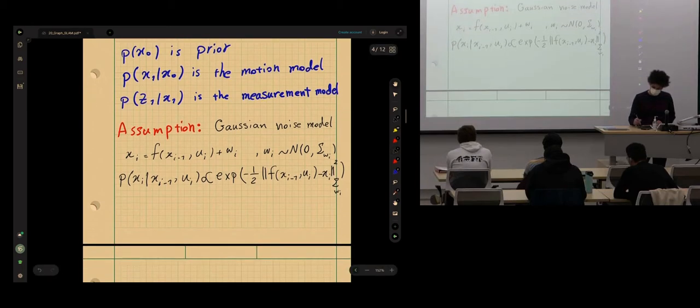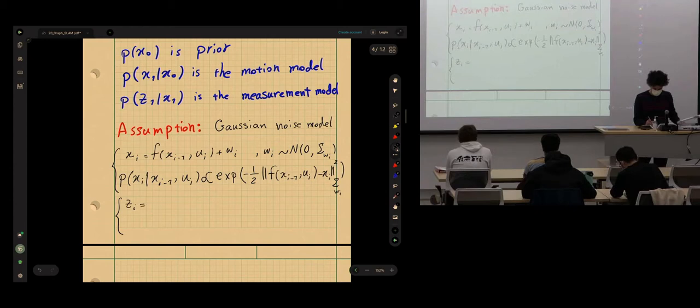Likewise, the way we model our measurement is having a nonlinear measurement model h of xi such that the noise is zero mean white Gaussian noise.